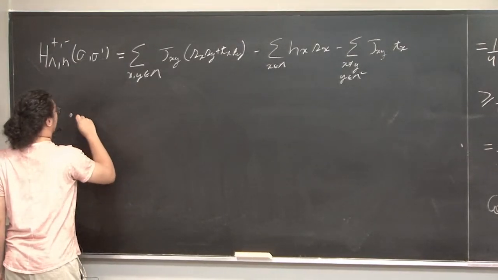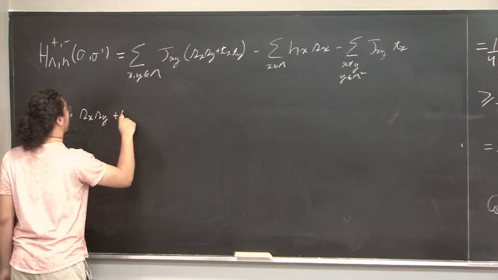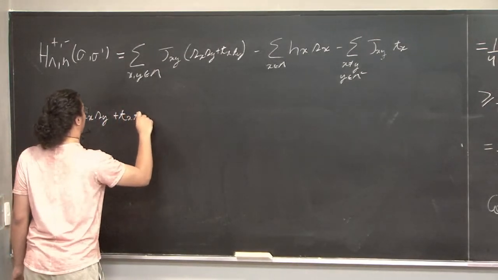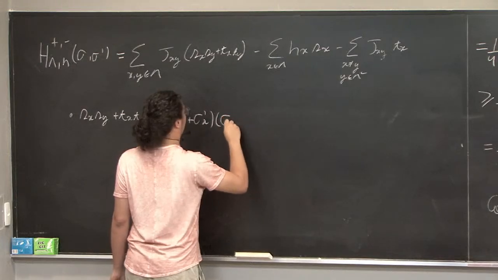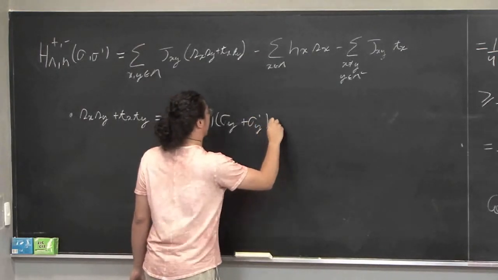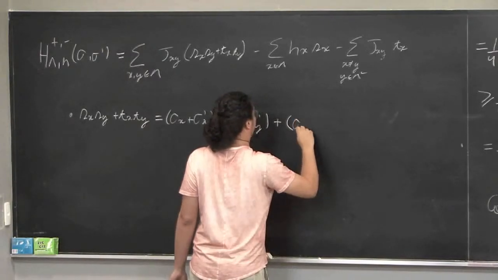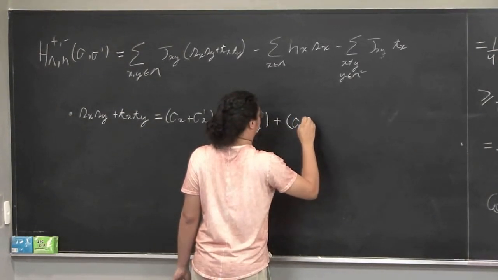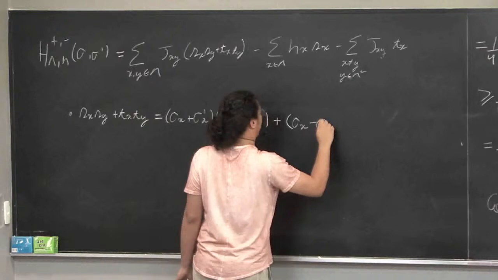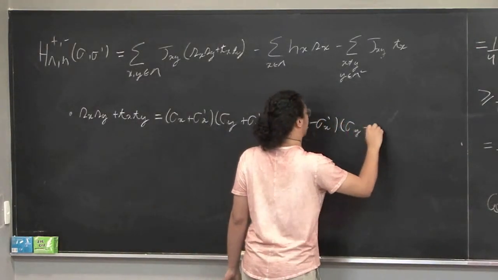Because you just expand everything, and you're gonna see that this works. Tx, ty, sigma y plus sigma y prime, plus here I have the difference. So it's just sigma x minus sigma x prime, sigma y minus sigma y prime.